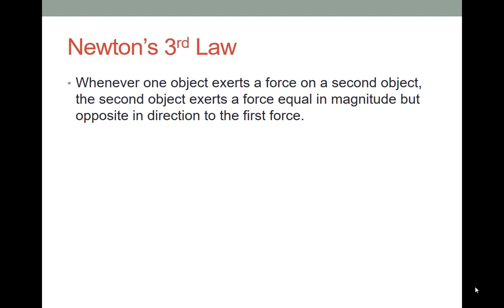There are many shorter ways of saying this that occur in everyday language, if you will. One of the most common is the equal and opposite reaction version of Newton's third law. For every action, there's an equal and opposite reaction.